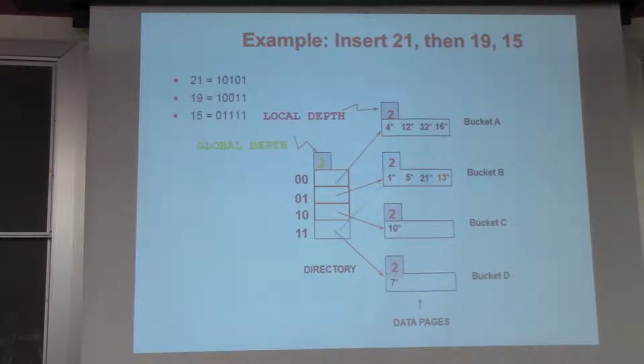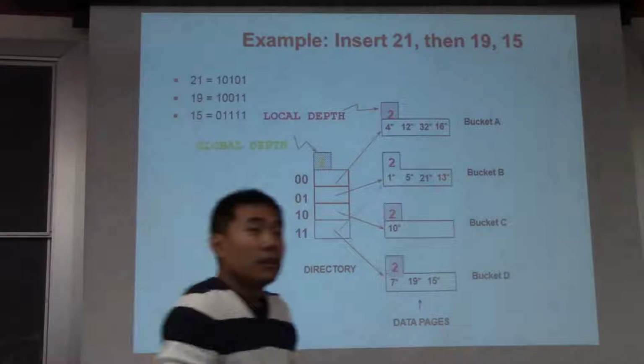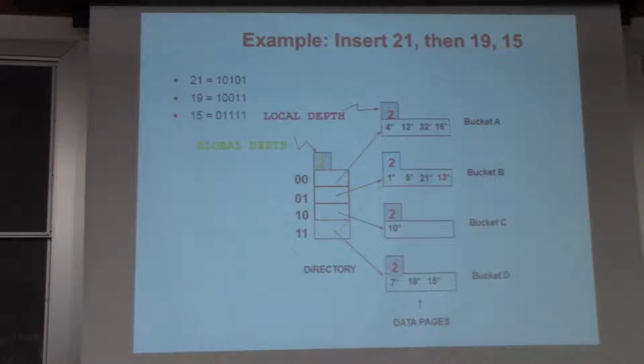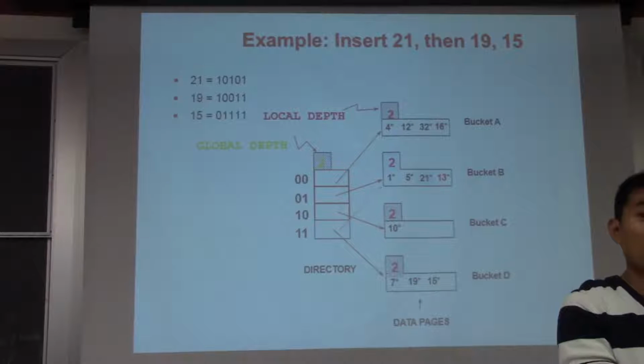Now, if I insert another one, let's say I insert 19, what happens? The last 2 bits of 19 is what? It's 1, 1. So where should it go? There. 15? So here. Okay? Now, continuing this example, I'm going to show you a case where a split on a local bucket will result in a change to the global directory.